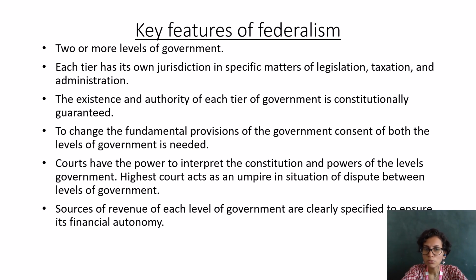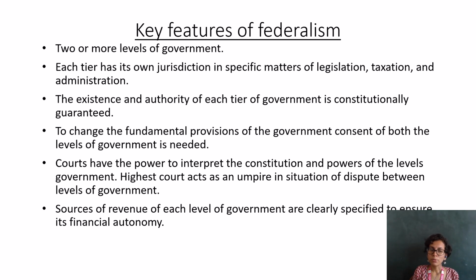Sources of revenue of each level of government are clearly specified to ensure its financial autonomy. Now, for a government to function properly, just think that they want to build good roads. To build good roads, to get hospitals, to get schools, for everything they need money, which comes in the form of tax.